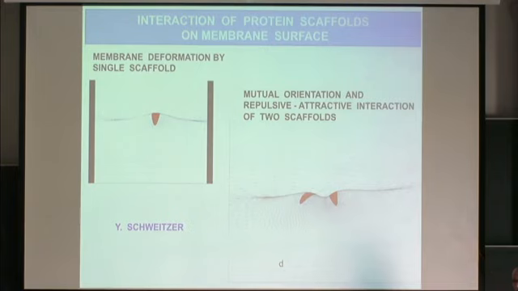This drives two kinds of interaction. First of all, interaction of orientations, and also attraction-repulsion interaction. Is it always repulsion? No, it's not. There is a prehistory of this, and I was a part of it. In '96, we published a paper on it.